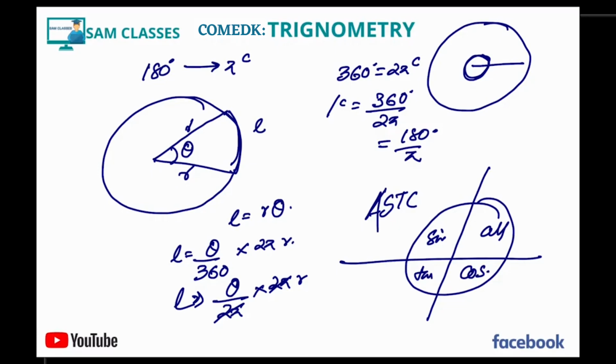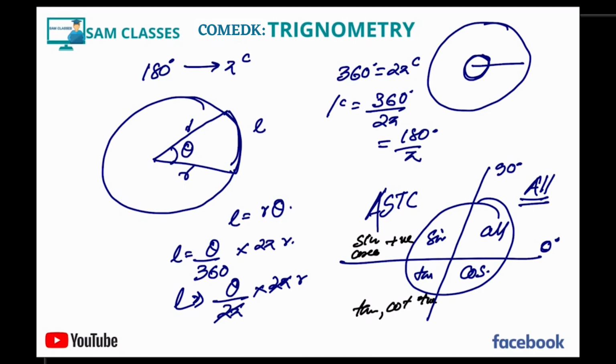In the first quadrant, from 0 degree to 90 degree, all trigonometric ratios are positive. Coming to the second quadrant, only sine and its reciprocal cosec are positive. Coming to the third, only tan and cot are positive.